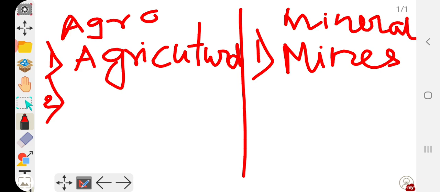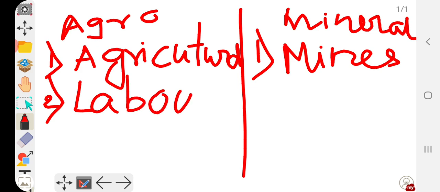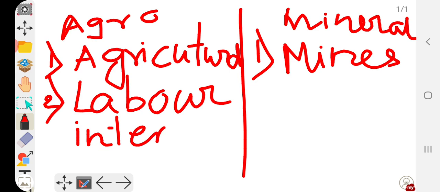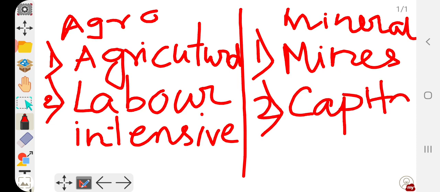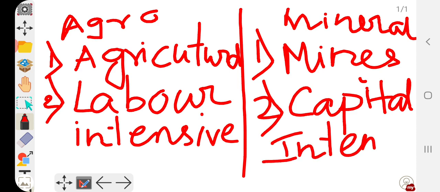So agro based industries are labor intensive, whereas mineral based are capital intensive, because maximum work is done by the machines. Mineral based are capital intensive and agro based are labor intensive.